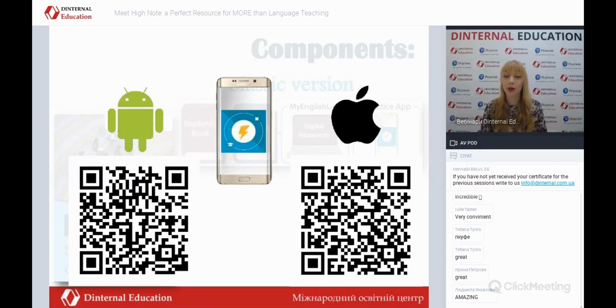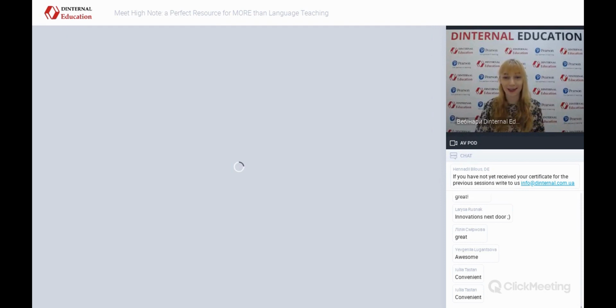You can scan it, download and install this app, and just choose High Note, and you will see what you can play right now, just to see how it works. And yes, absolutely agree, innovation's next door, right here on the table. There are lots of funny things there, so you can play the recording faster or slower depending on your level and so on. Just play around with it, I am sure you will like it.